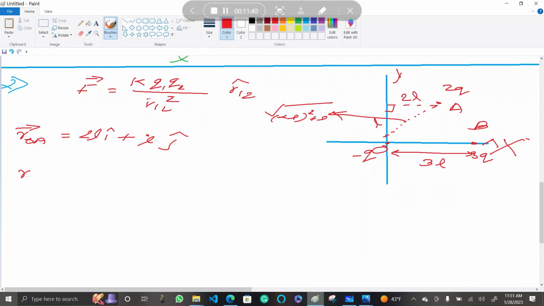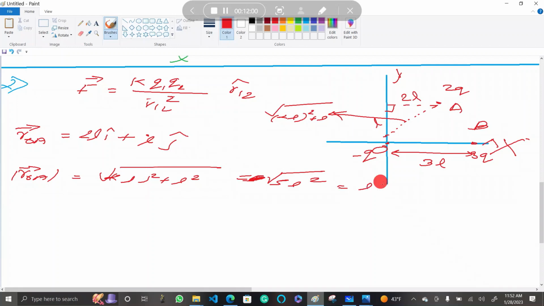So I write its modulus as root under 2L squared plus L squared, equals root under 5L squared, or L root under 5.